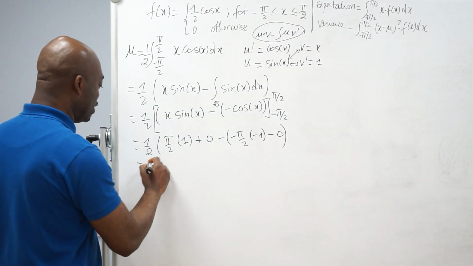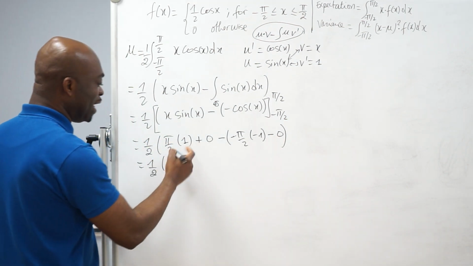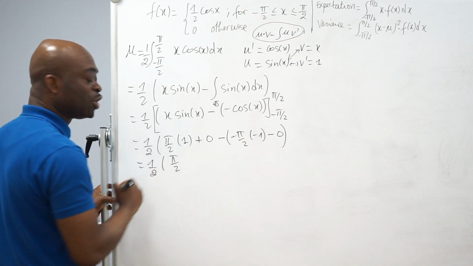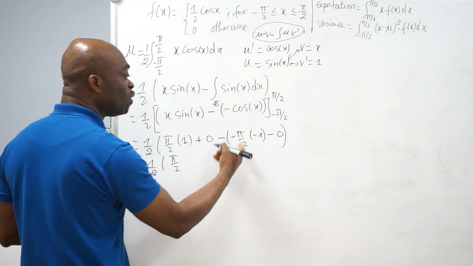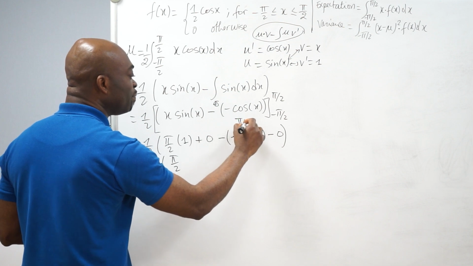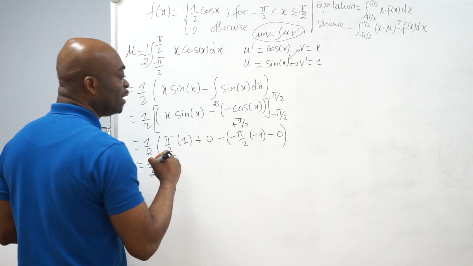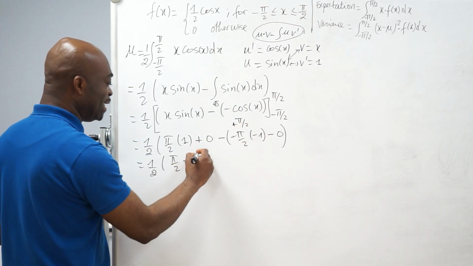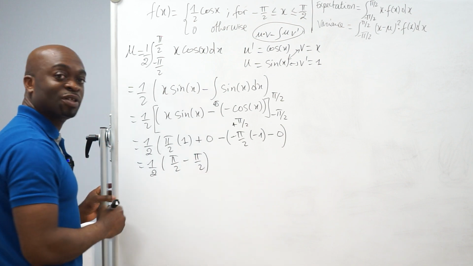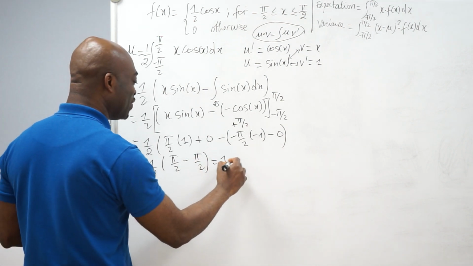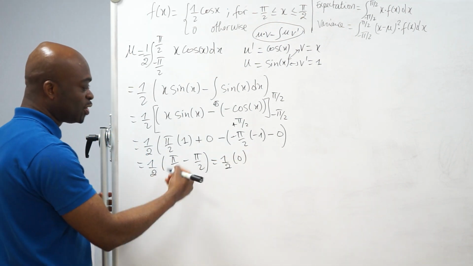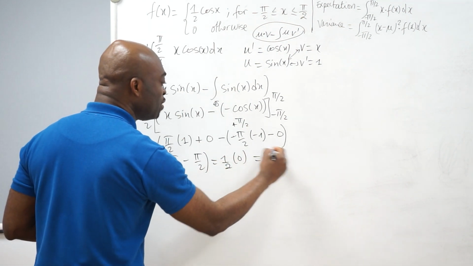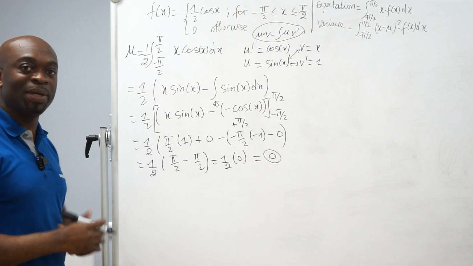So we end up with a half, then pi over 2 multiplied by these two gives positive pi over 2, and then the negative, we make it negative pi over 2. So this is a half times a 0, because these two cancel. So you end up with 0 for the mean.